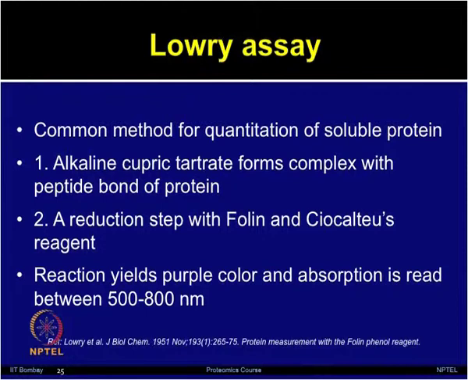First, the alkaline cupric tartrate forms a complex with the peptide bond of the protein. After that, a reduction step is performed by adding Folin-Ciocalteu reagent. Then this reaction yields purple color, and absorption can be measured between 500 to 800 nanometers.